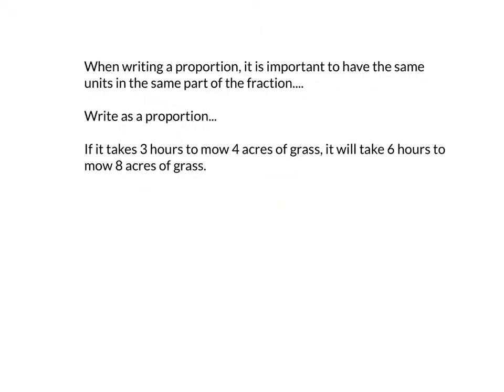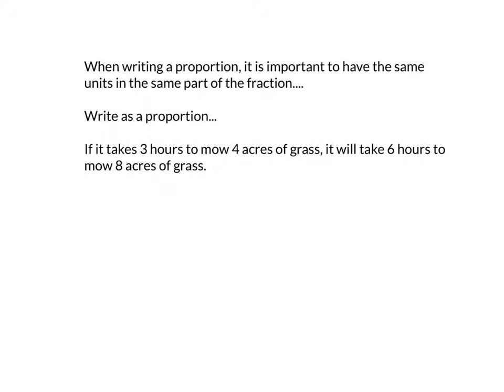When writing a proportion, it is important to have the same units in the same part of the fraction. So let's write this as a proportion. If it takes 3 hours to mow 4 acres of grass, it will take 6 hours to mow 8 acres of grass.